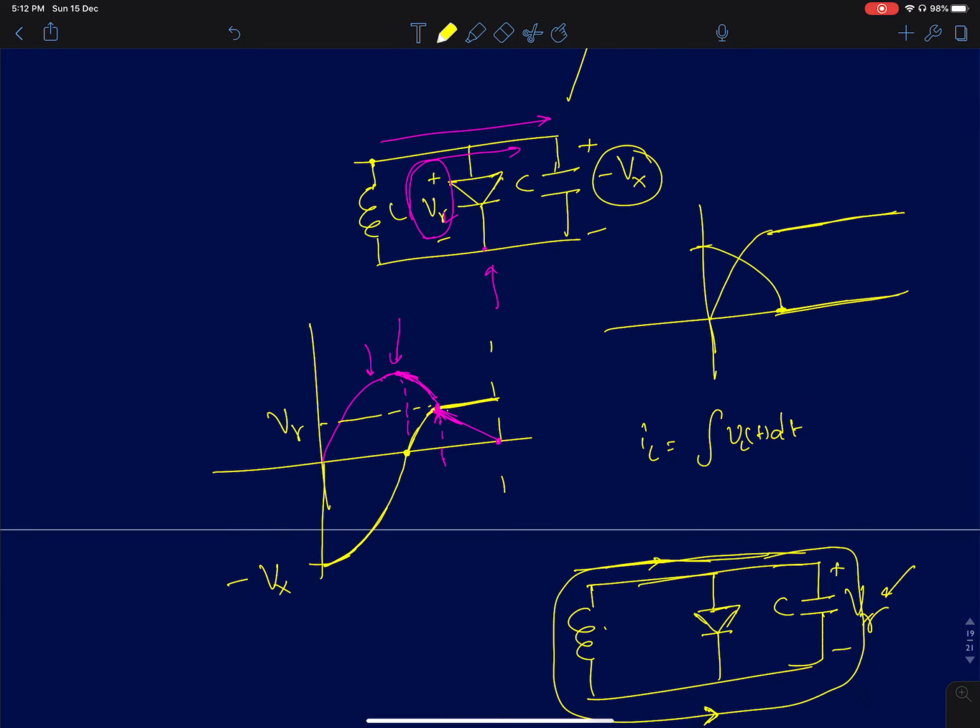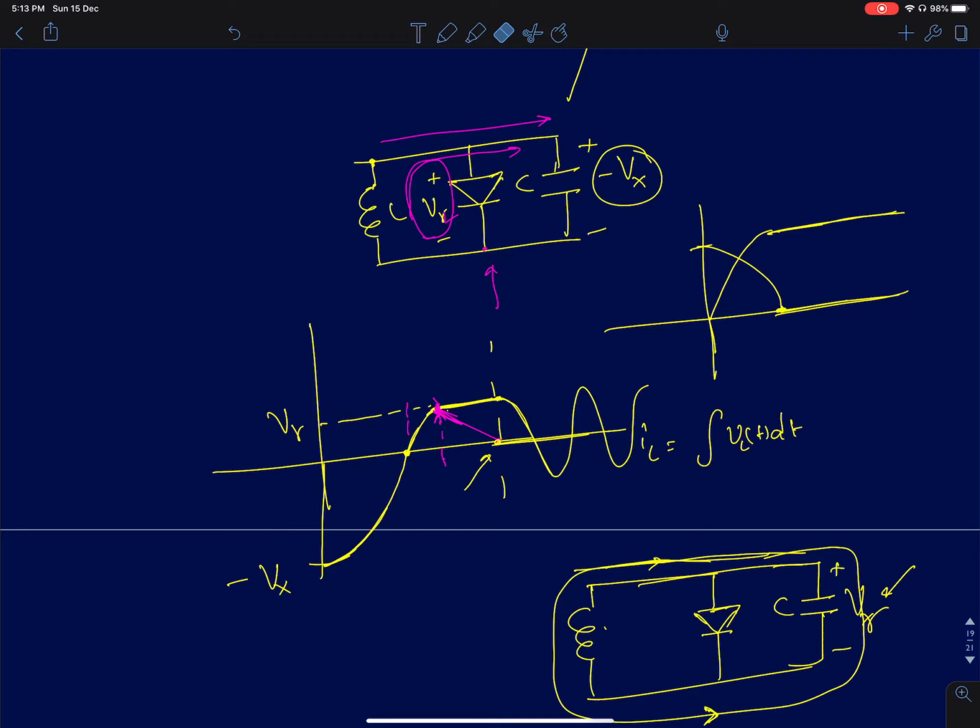From this point onwards, when the current of the inductor becomes 0, the capacitor will now start charging the inductor and the circuit will just go on like this. Actually, I have not shown the direction of current properly here.